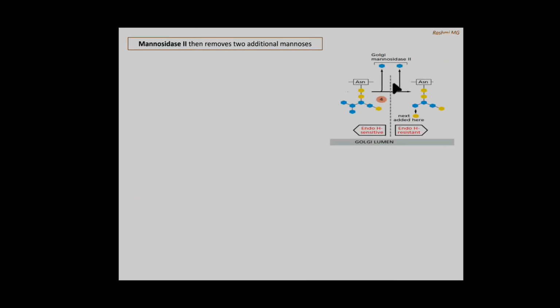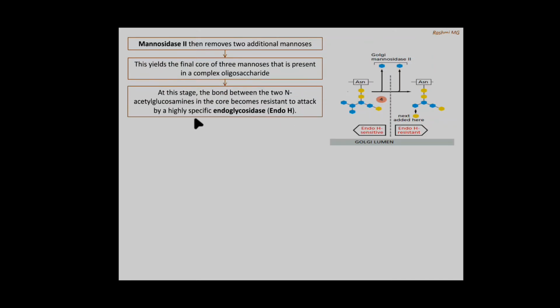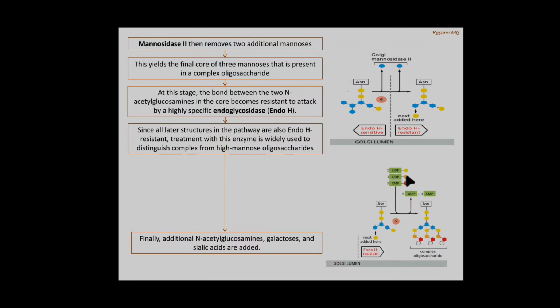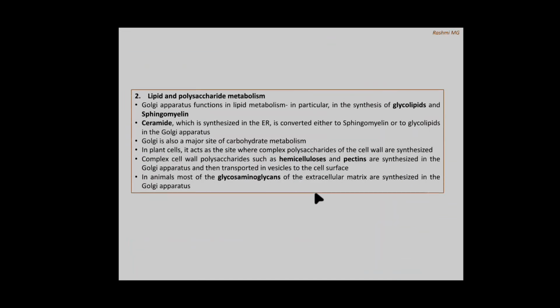Mannosidase then removes 2 additional mannose. This yields the final core of 3 mannose that is present in the complex oligosaccharide. At this stage, the bond between the 2 N-acetyl glucosamines in the core becomes resistant to attack by a highly specific endoglycosidase. Then finally, 2 N-acetyl glucosamine, 3 galactose, and 3 sialic acids are added.